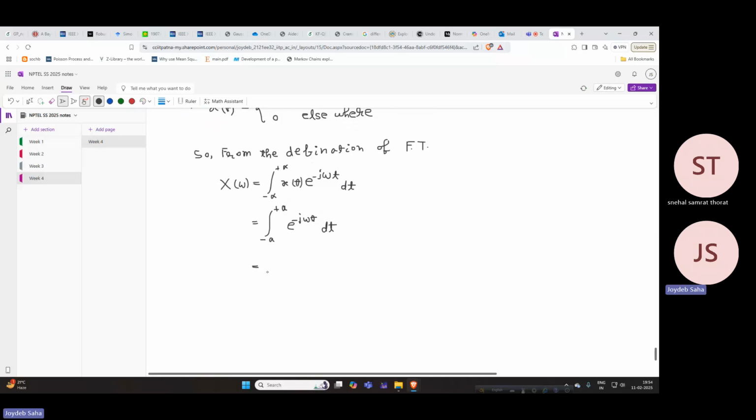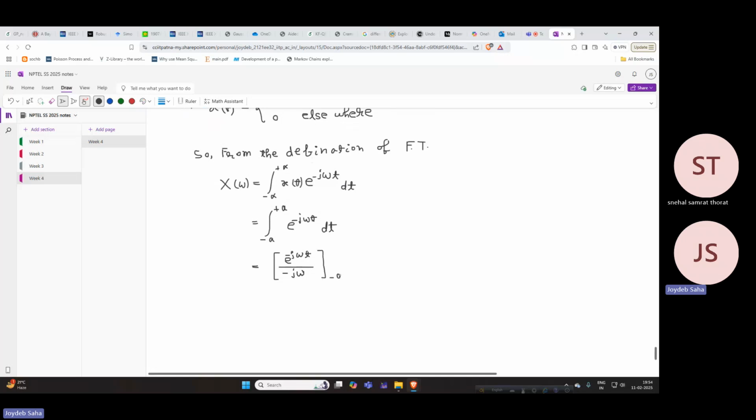When I'm writing these integrals, I'm giving one method to solve, that's why I'm recalling again.